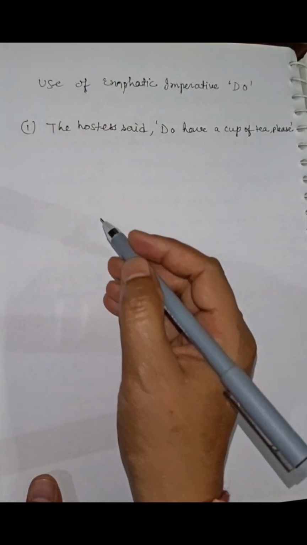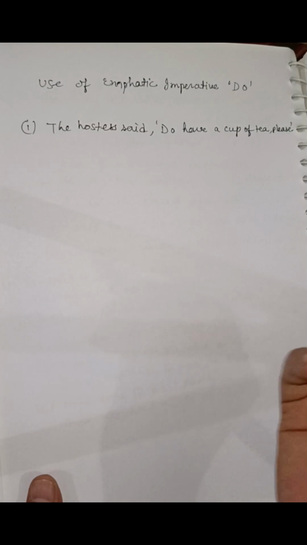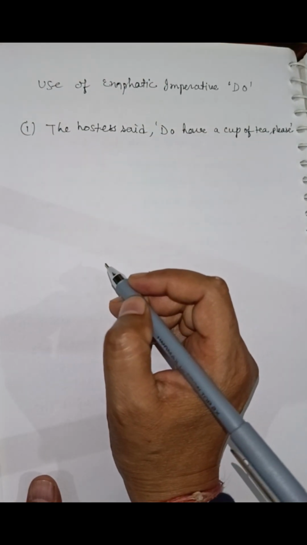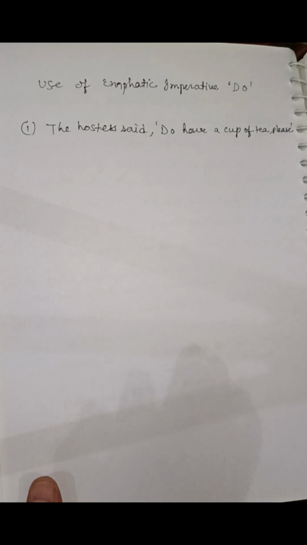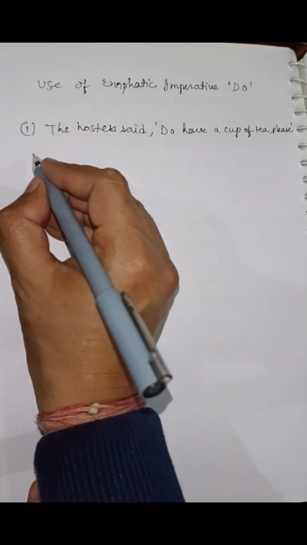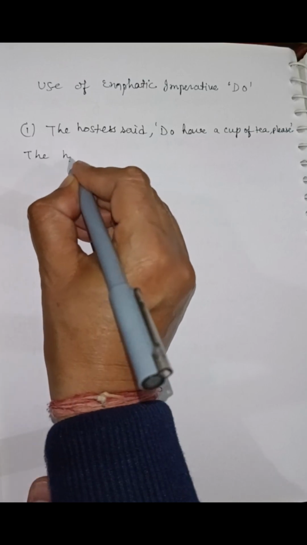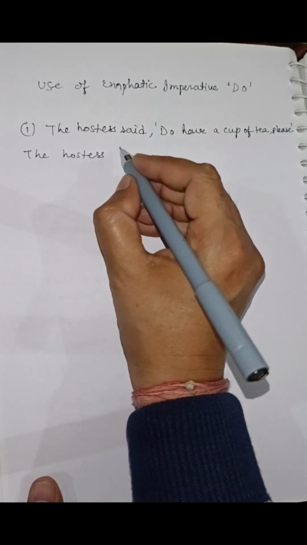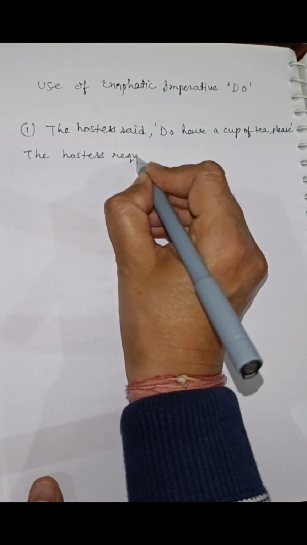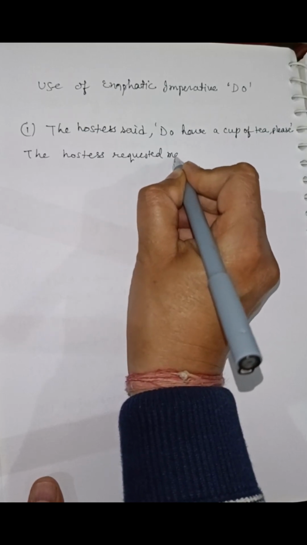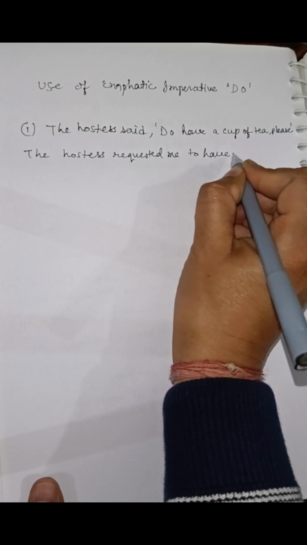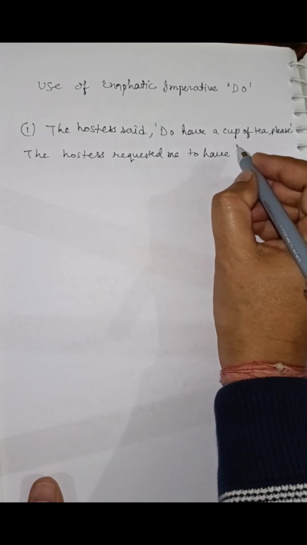Emphasis is there. When something is said with emphasis, we use the word "do", and when we change that into indirect speech, we remove "do". As I'll show over here: the hostess requested me to have a cup of tea.